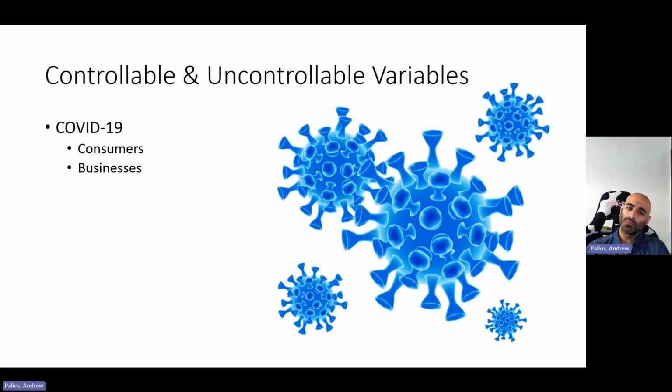Now, there are controllable variables as well. That's where we talk about marketing and advertising. We talk about pricing, we talk about product placement, those different aspects. Those are things that each individual business has total control over.